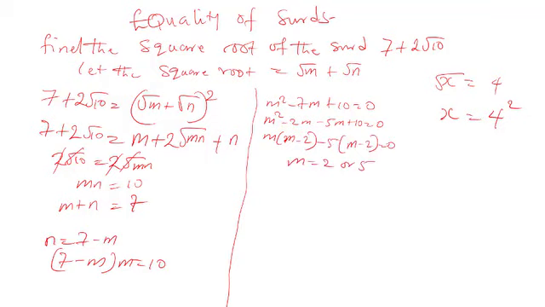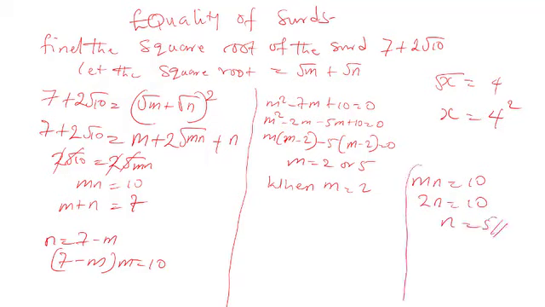Now at this point, when m is equal to 2, remember we have mn equal to 10. So if m is 2, we now have 2n equal to 10. So our n is equal to 5 when m is 2. And when m is equal to 5, remember we have mn equal to 10.